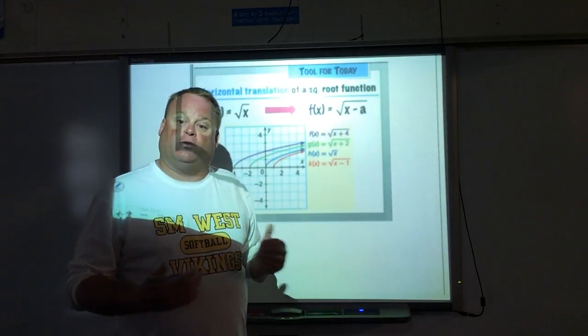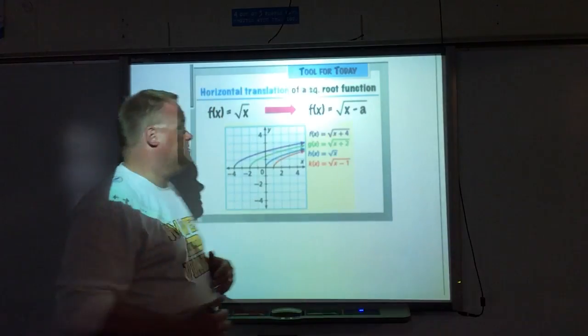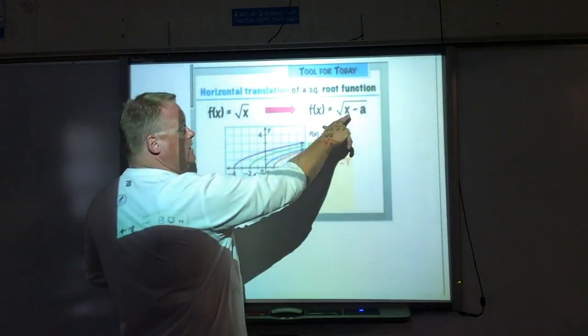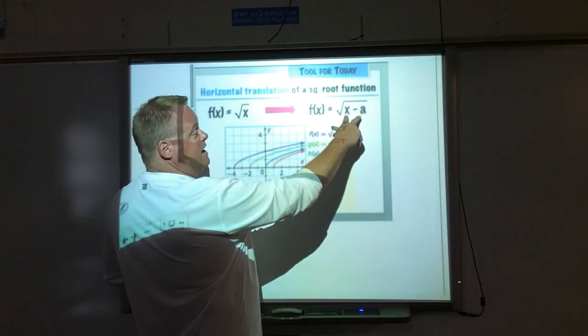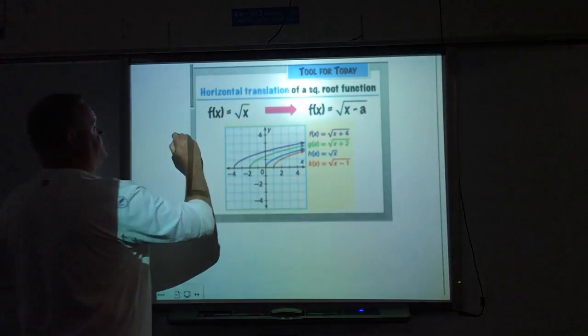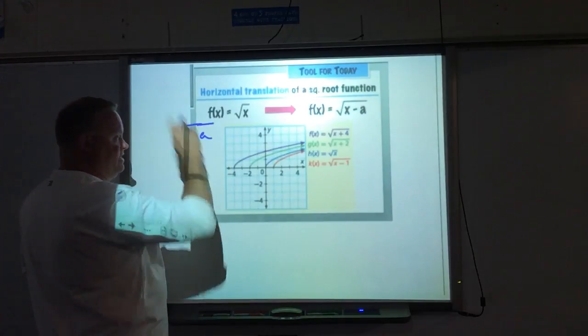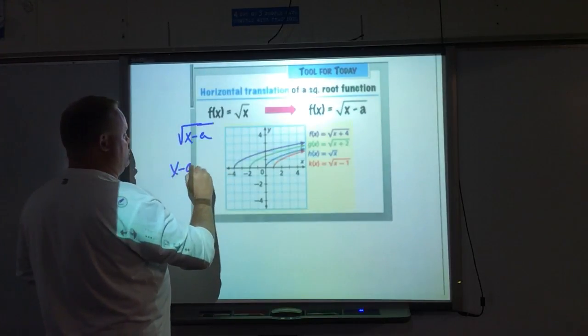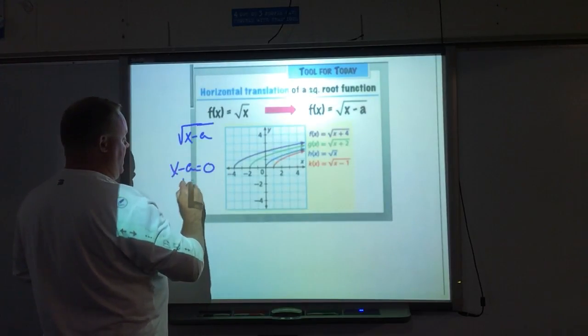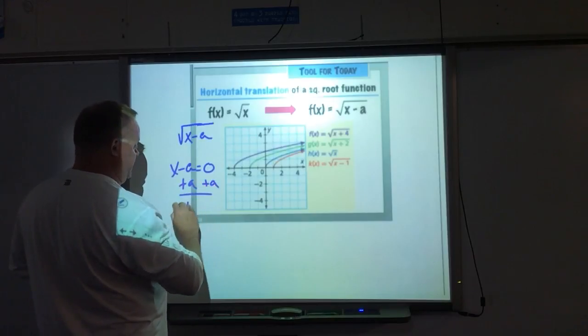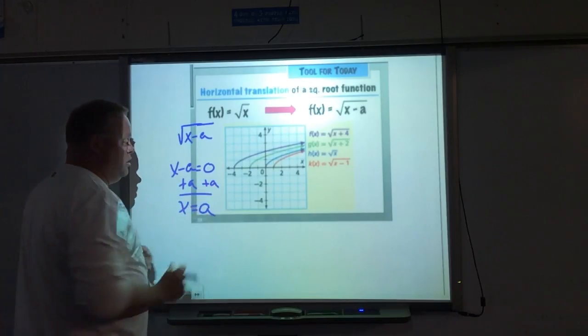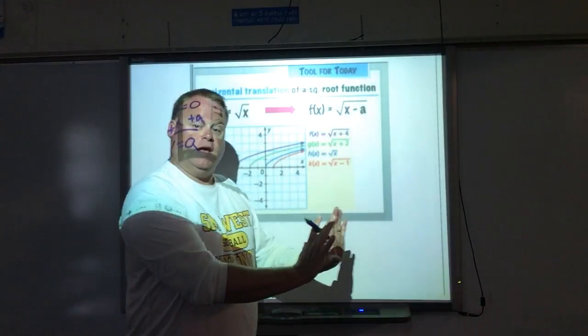The easiest way to find where it's going to start is to take what's inside, which is the square root of x minus a, take that inside and set it equal to 0. So if I add a to both sides, x is going to be equal to a. That's where it shifted either left or right.